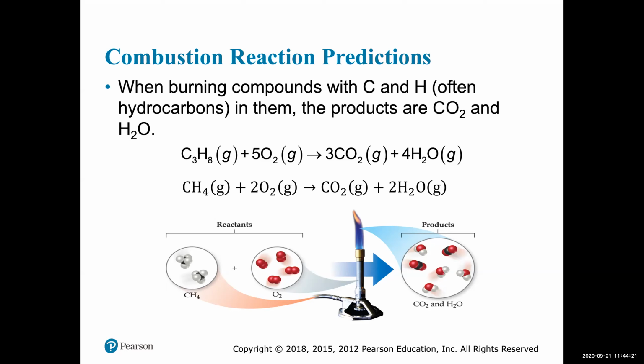We have 10 oxygens on the left, 2 times 5 from the O2. And then on the right, 2 times 3 from the CO2 is 6, and then 4 from the water molecules is 10. So we can check quickly to see if things are balanced. We'd find the same thing if we did the second equation.